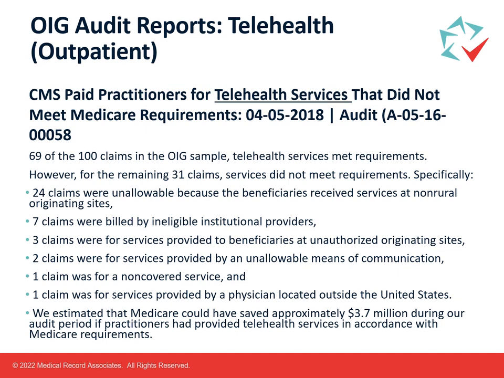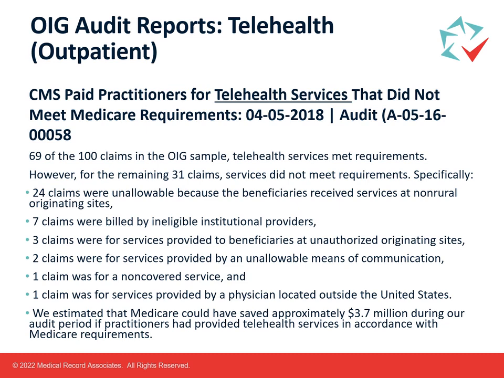7 claims were billed with ineligible institutional providers. You have to have the right provider. 3 claims were for services where the beneficiary had an unauthorized originating site. 2 of the claims had unallowed means of communication.